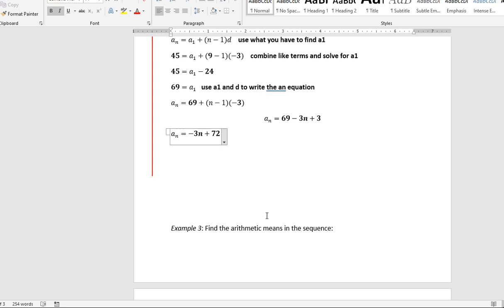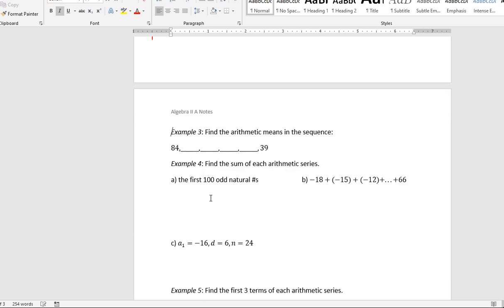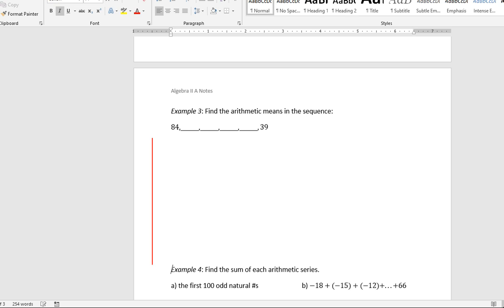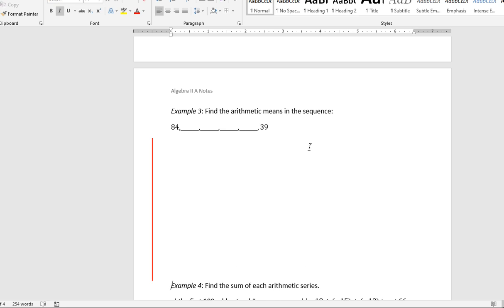Those are the most straightforward things that we have. Then we have this arithmetic means problem. So let's just slide that down here. So the arithmetic means problem, we have to figure out what these values are. So we're going to get to those later. Okay, so we have to do a couple of things.